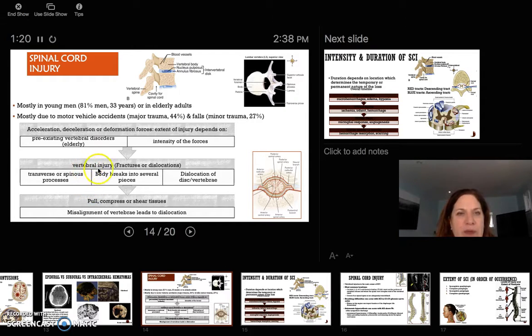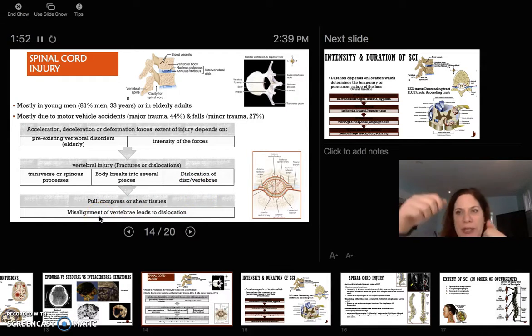What area of the vertebrae is injured, so whether your transverse or spinous processes actually dislocate or whether they break into several pieces and they're actually fractured, or if the tissue underneath, so the spinal cord tissue, actually is compressed or sheared. So sheared means torn. So any of these will cause some kind of injury depending on where it is.